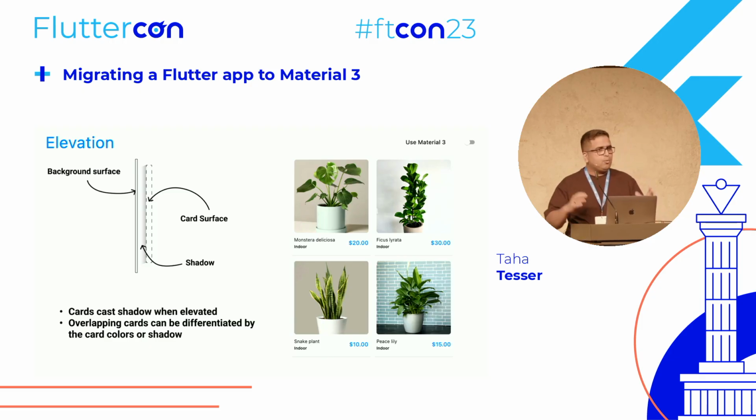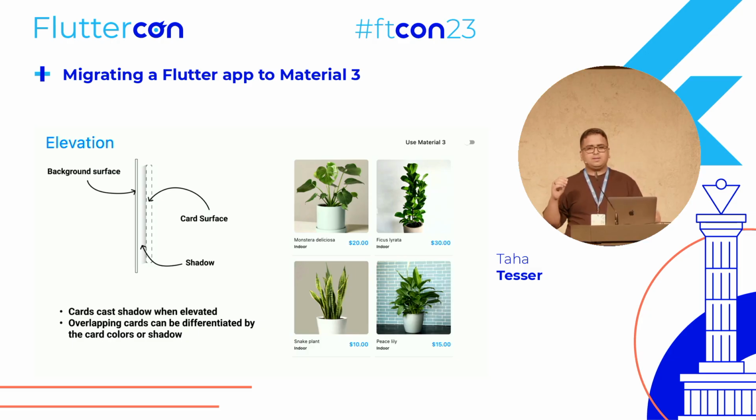So when you create a scaffold, the scaffold background has the surface color, which is the background color. Then you have a card widget. In this instance, I'm using a card widget, but it can be any widget that can be elevated. So the card widget is also just a piece of surface or a material surface. When you elevate a material surface in Material 2, it casts a shadow, right?